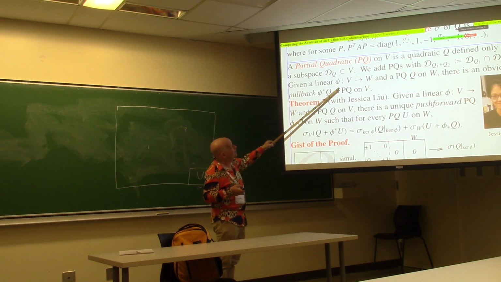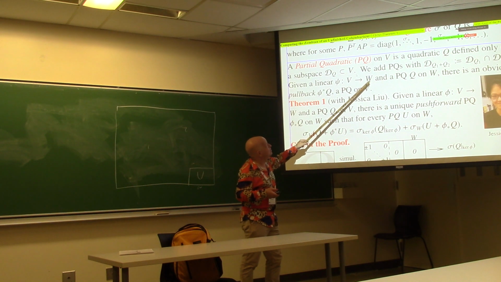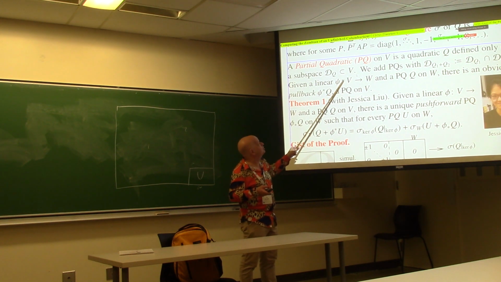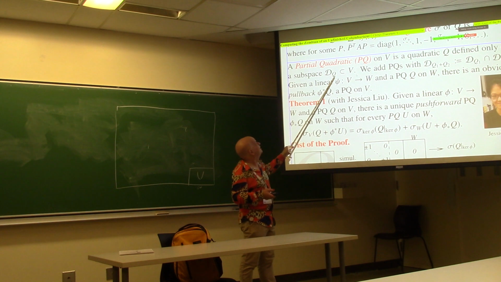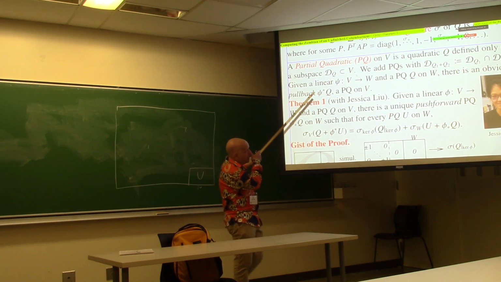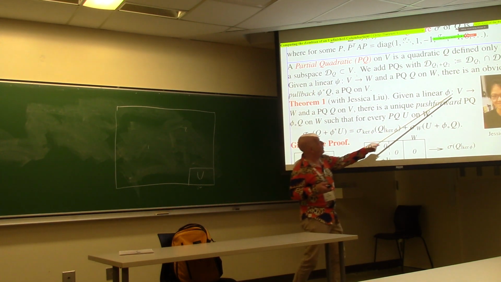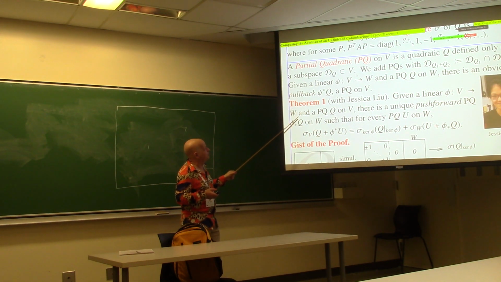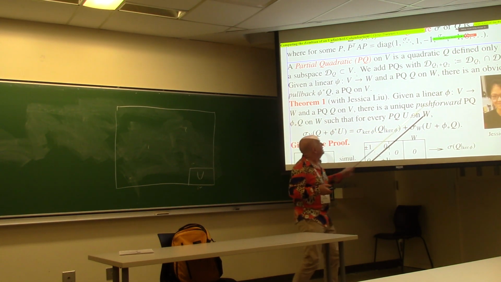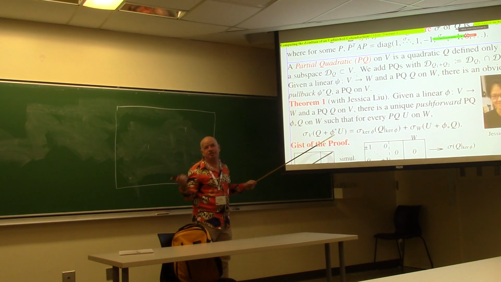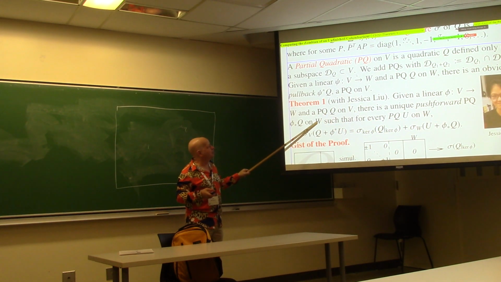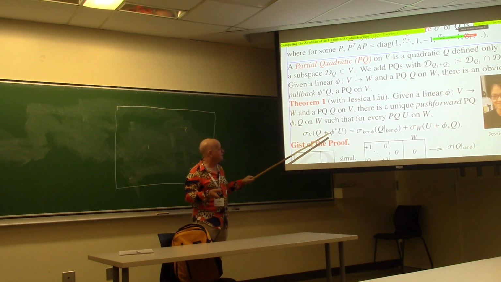Given a map psi between vector spaces, there is an obvious pullback map: if you have a quadratic function on W, obviously you can compose it with psi, and you get a quadratic function on V. Our theorem says that given a linear map phi from one vector space V to another vector space W, and given a partial quadratic on the domain vector space, there is a push forward to the target vector space, a unique partial quadratic defined on the target that has the following property.